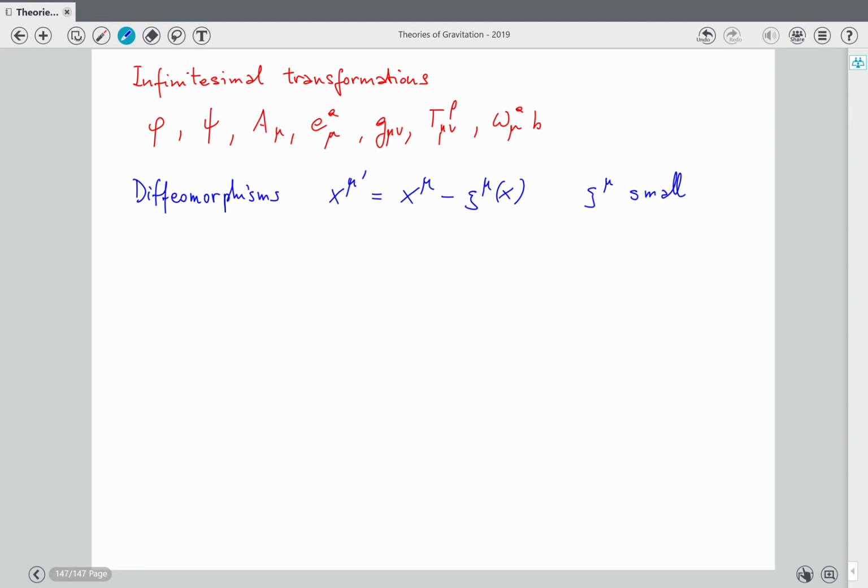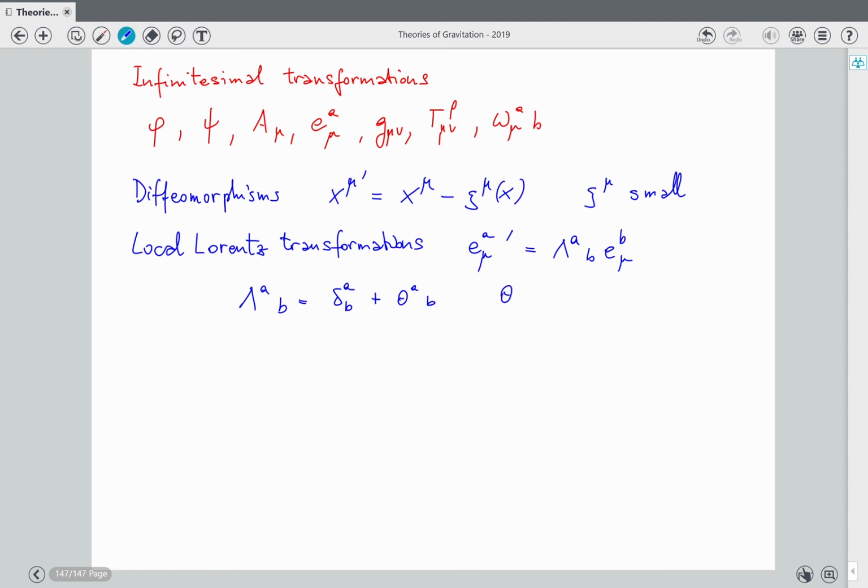And local Lorentz transformations are transformations that just rotate, so to speak, the Lorentz indices. And if we want that to be close to the identity, it will be something like that.